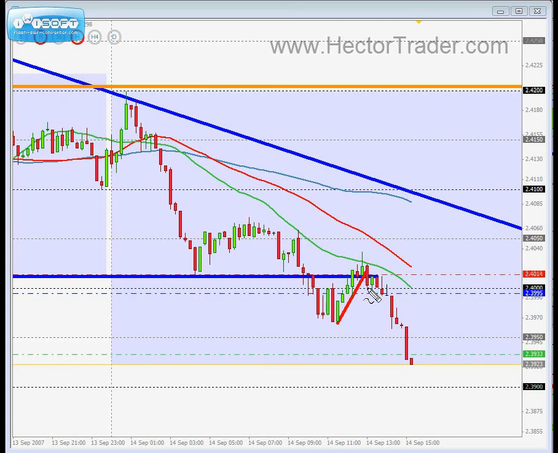I had the valid technical entry: breakout, pullback, continuation below this double bottom that I was showing you before in the hourly chart, below the 240.00 level, very strong from a psychological point of view as a level of support and resistance. I had the technicals on my side. Basically, I had everything: the trend, the levels of support and resistance, etc. I even had the breakout, pullback, continuation pattern there.